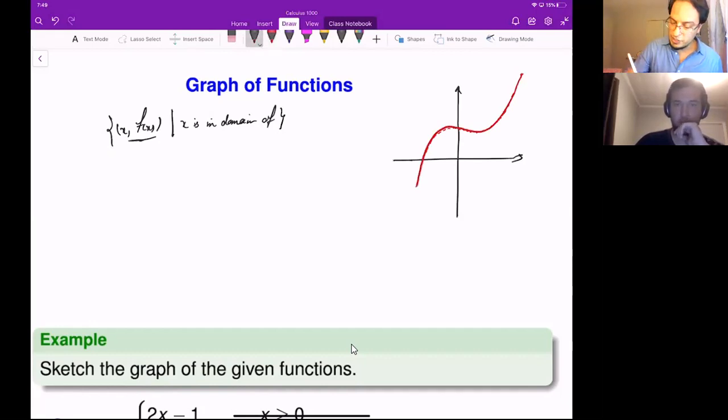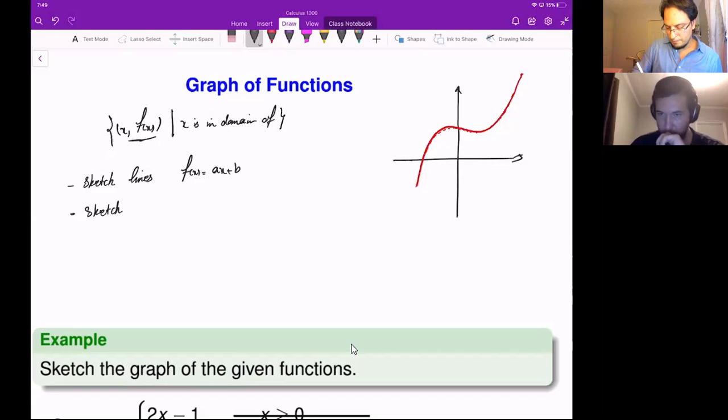What kind of graphs do you need to know how to draw? At this stage, you need to know how to sketch lines or linear functions, which is f(x) = ax + b, and sketch a parabola, which is the graph of quadratic functions, f(x) = ax² + bx + c.